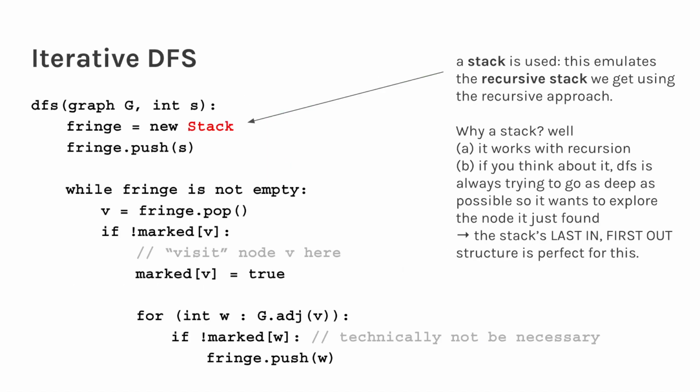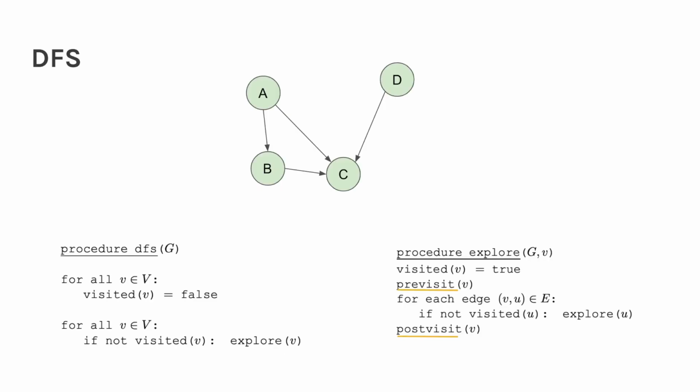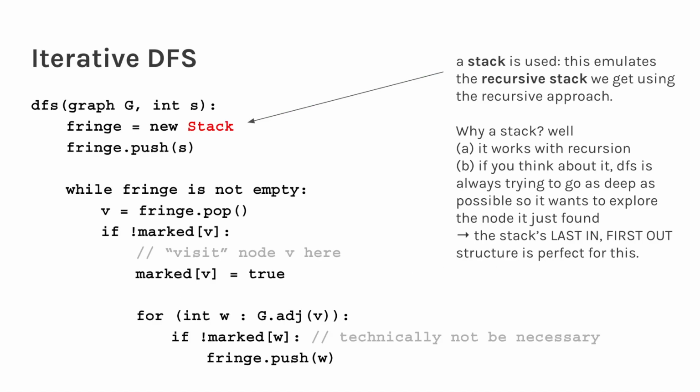Okay, so there's also an iterative approach to writing DFS, which follows the same logic as this recursive approach that I've walked through. Personally, I find the recursive approach simpler to write out and think about, but the iterative approach is just as valid.